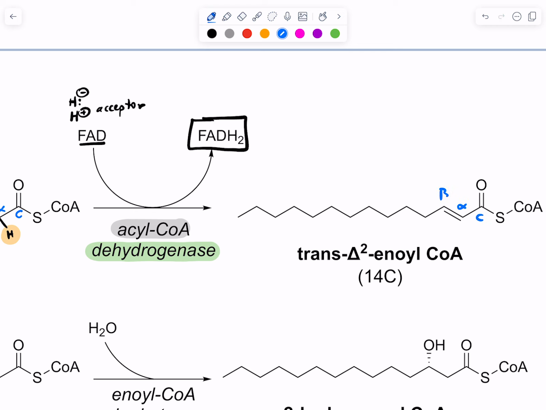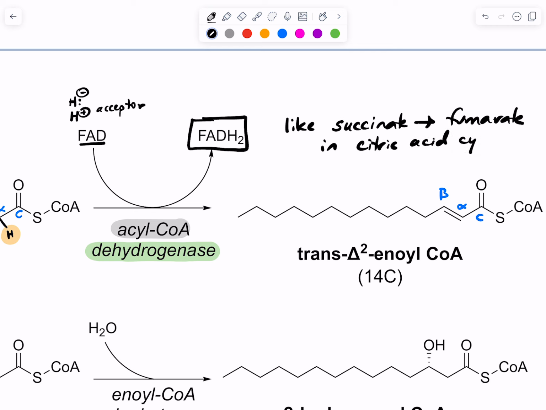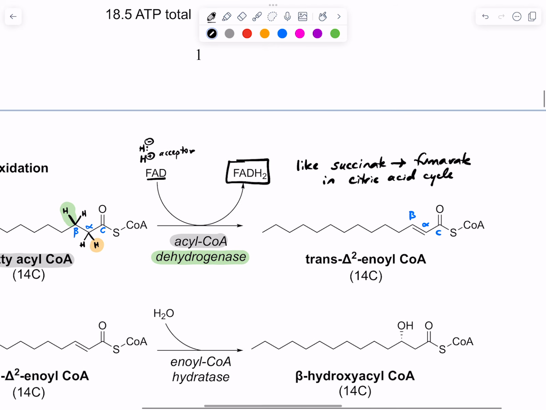It'll be useful to you if you can connect this to the reaction of succinate to fumarate in the citric acid cycle. We'll go through this mechanism, probably not today, probably on Monday, but when we do, you'll see it's basically the same.